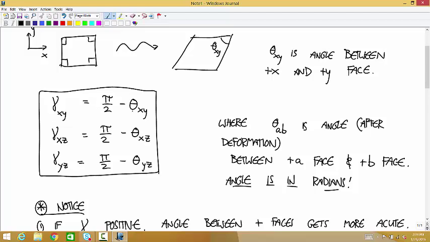If this angle is less than pi over 2, then pi over 2 minus something less gives you a positive number, and for this to be less than pi over 2, it has to be acute. Okay.